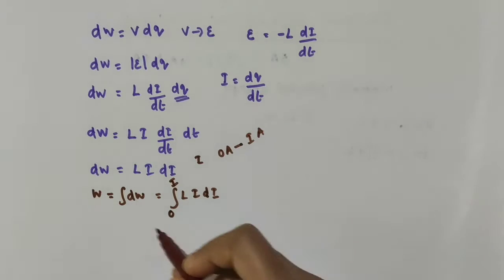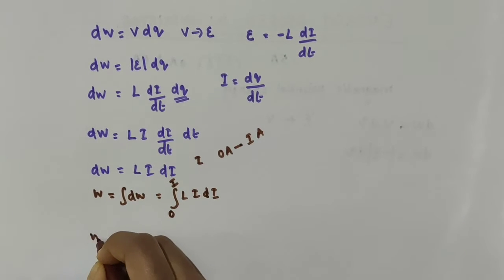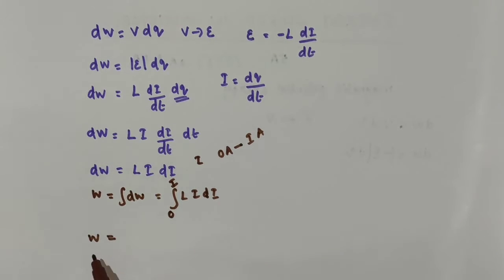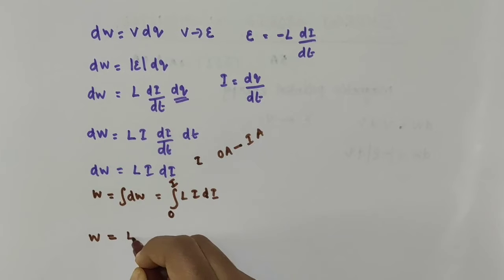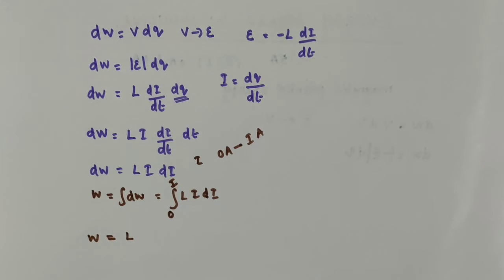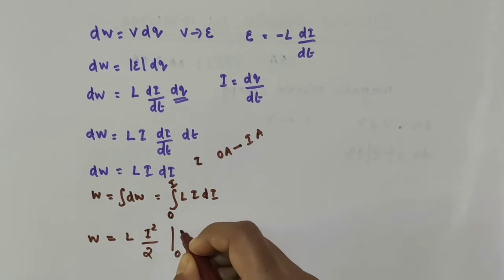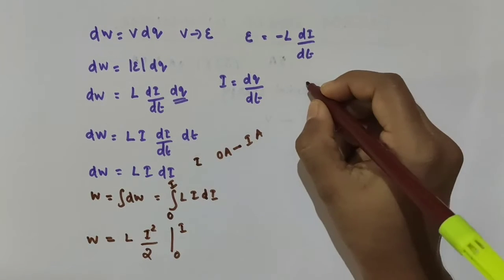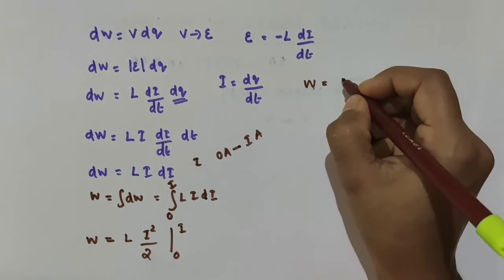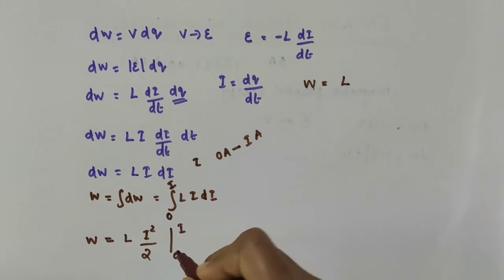Now while we are doing integration, we can write it as the total amount of work done in establishing the current I. That is, W is equal to, I can take this L outside because the integration variable is current, then integral I dI. What is that integral? I square by 2, limit 0 to I. So this work done can be written as L into upper limit minus lower limit.